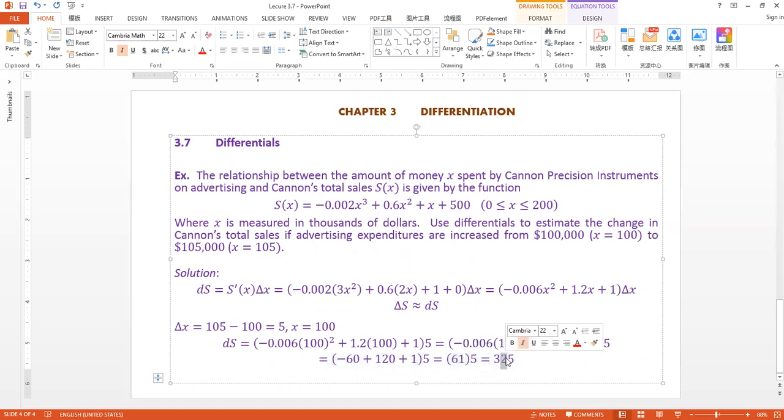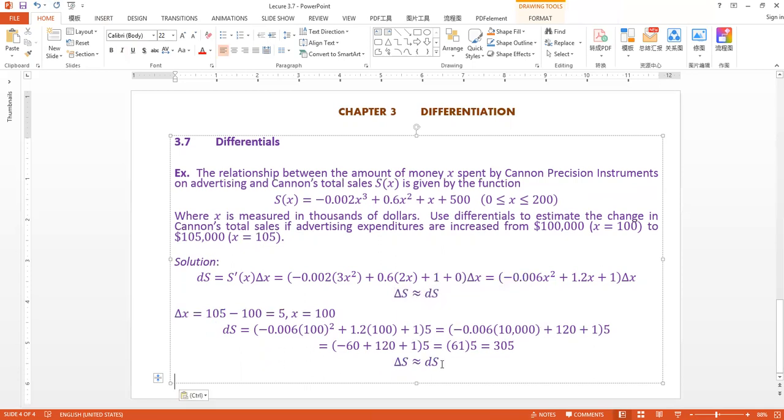So negative 60 plus 120 is 60, plus 1 is 61, times 5. So that's 305. So delta S is approximately equal to dS, and that's just 305.